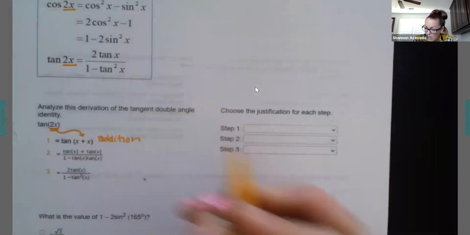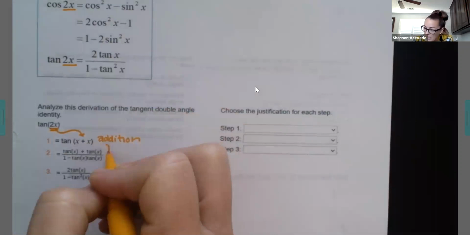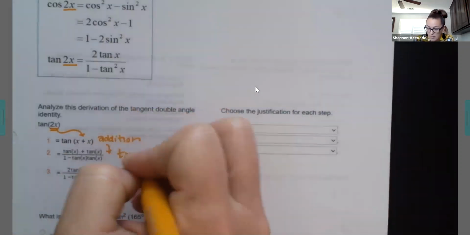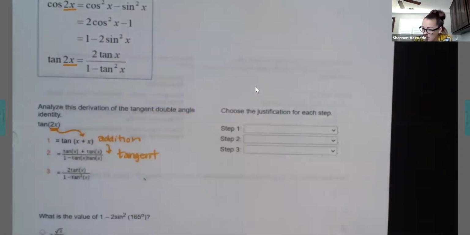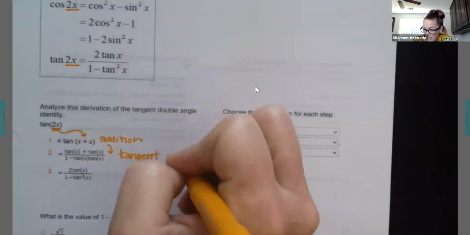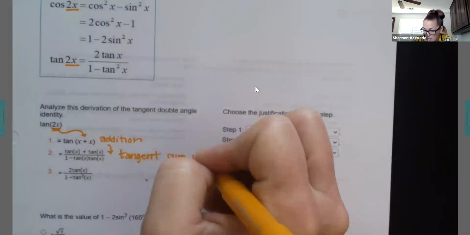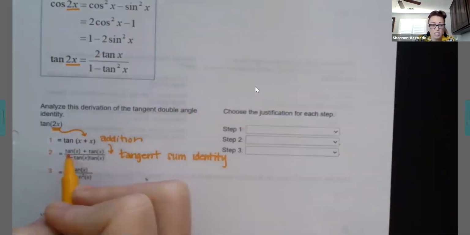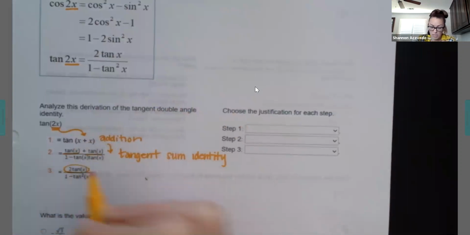From here to here, though, is going to be my tangent sum identity. Well, then if I look here, a tangent plus a tangent is going to be 2 tangent, right?